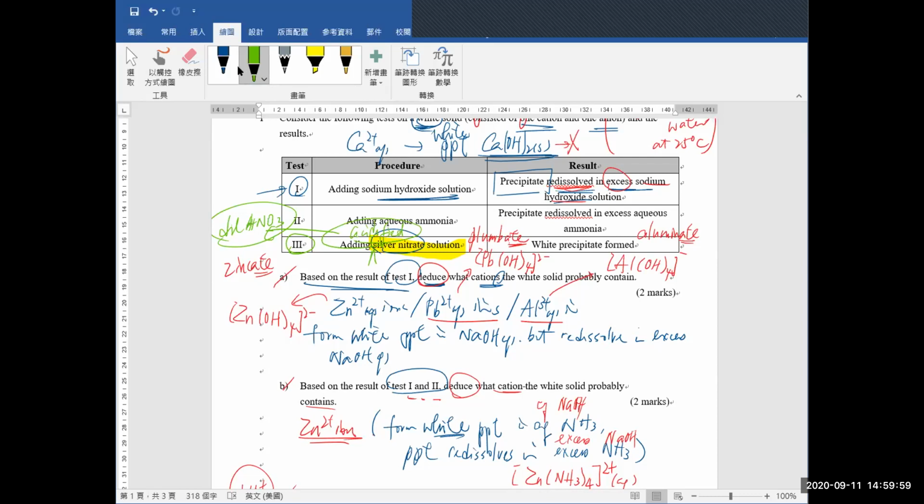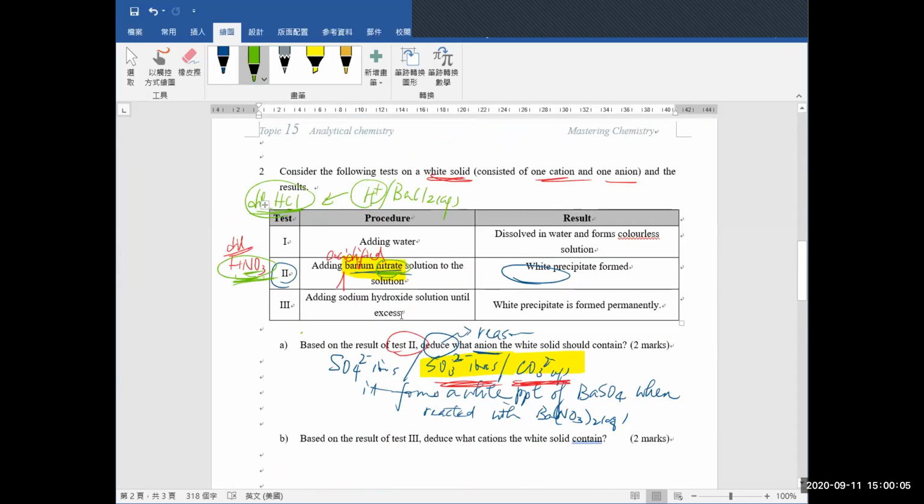I see somebody asking about the acid. The use of acid, is it dilute nitric acid or very dilute nitric acid? The answer is we usually use dilute nitric acid, because I really want to make sure the medium is acidic. If I use very dilute nitric acid, it may not be so good because the acid may not be in excess, so as to rule out some of the possibilities.